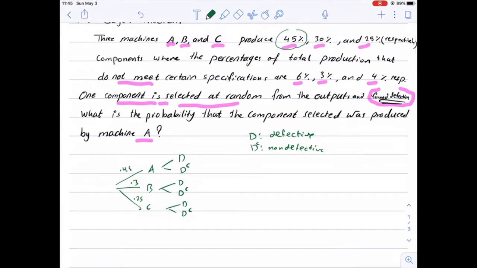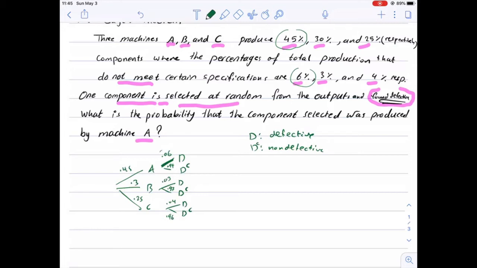Now what is the probability in this branch? The probability that it is defective is 6%, so it's 0.06. What is the complement of that? That means we have 0.94 non-defective from machine A. From machine B we have 3% defective and 0.97 non-defective, and the probability of defective from C is 0.04 and non-defective 0.96.